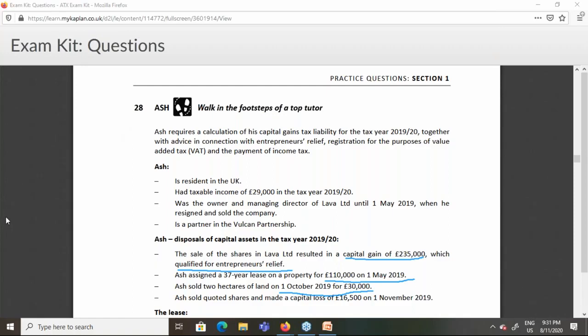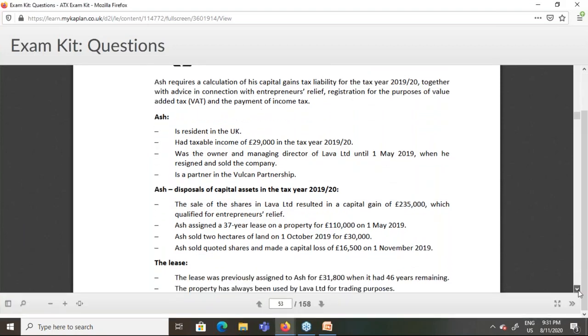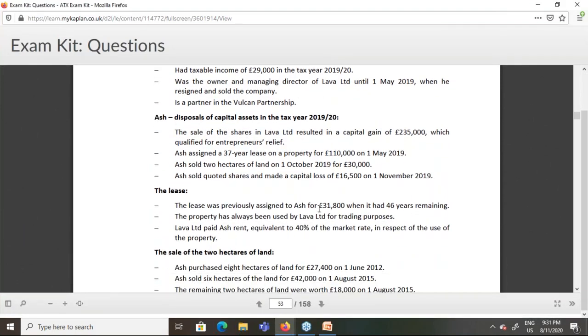Okay. Now, the lease was previously assigned to Ash for 31,800 when it had 46 years remaining. The property has always been used by Lava Limited for trading purposes.